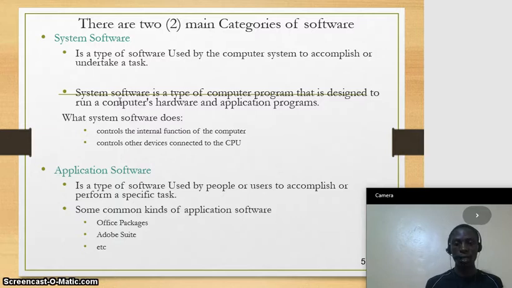But we also said we have the application software. The application software is the type of software used by you, the user, used by people to accomplish or to perform their tasks. So remember, the system software is used by the computer itself, but the application software is used by us, the person sitting in front of the computer, working with the computer.